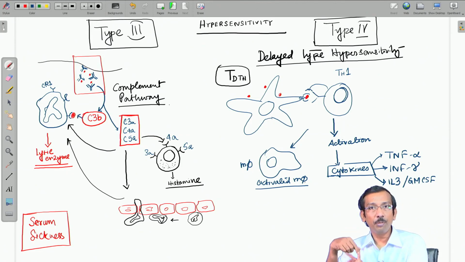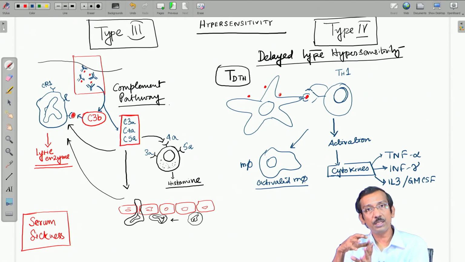It is very easy to remember them. The first three types are mostly antibody mediated, of which type 1 is mediated by IgE, type 2 is mediated by IgG, and type 3 is mediated by immune complexes, that is, antigen-antibody complex formation.